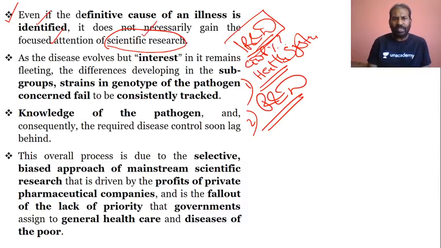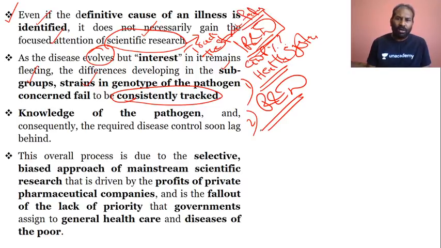Because why we want this scientific research is, as the viruses or the diseases are evolving, not growing, evolving, the point I need to mention is that they have subgroups, strains in the genotype of pathogens, which concerned bodies fail to consistently track. That is important. Through research and development, we can track the evolving virus or evolving strain of the virus.